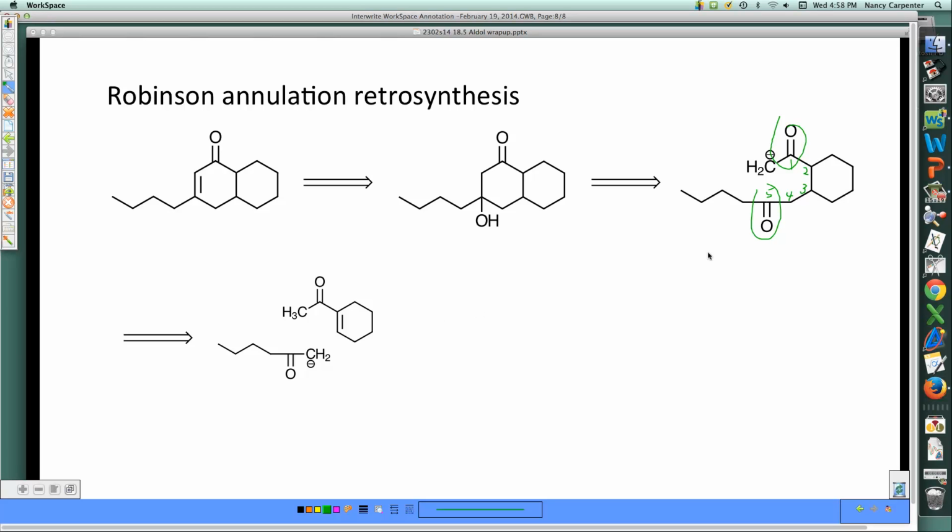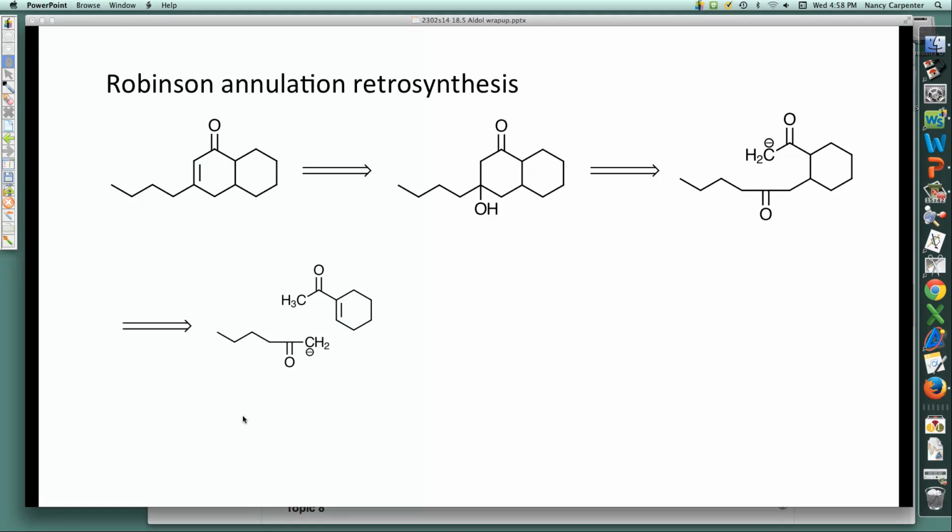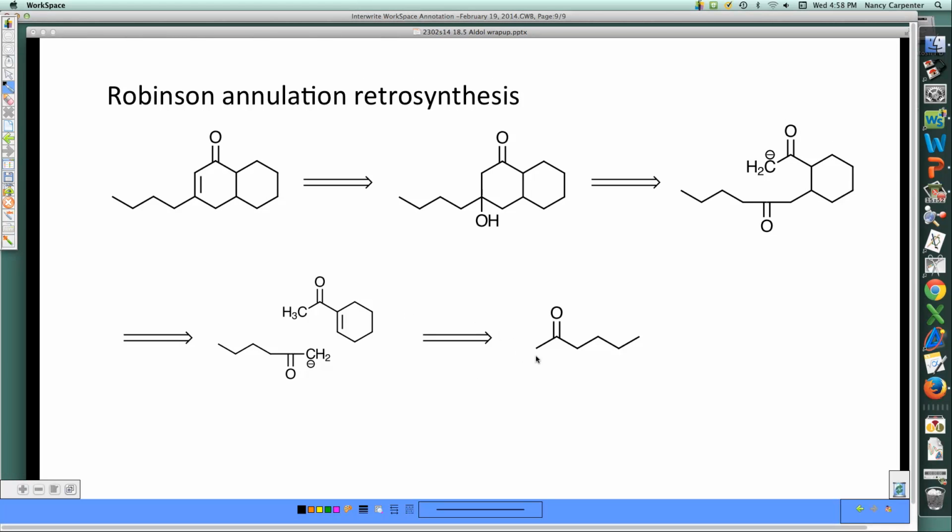So if I do a disconnection right here, I can break this up into a reasonable nucleophile and a reasonable electrophile that would react together to make ultimately that product. So in the very end analysis, we're starting with hexanone and deprotonating it. Selectively, we have to make the kinetic enolate.